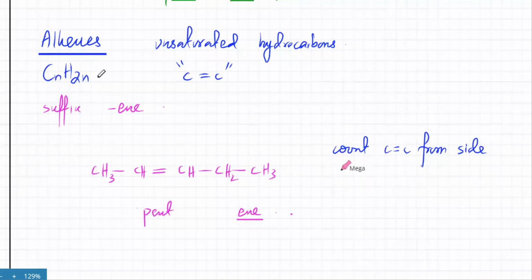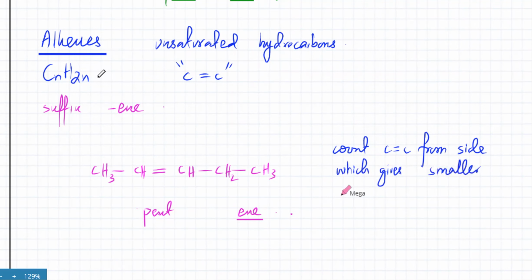So it's going to be this side. This is 1, this is 2. So before writing the "ene," you're going to tell them that it's at position number 2. This is the position of the "ene" functional group, which is the double bond.